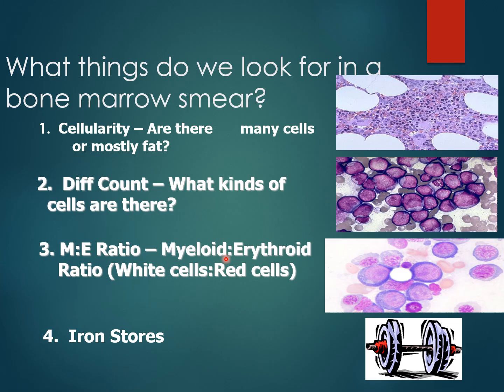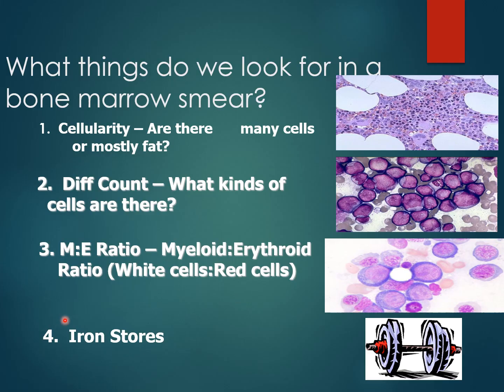Plus, white cells typically have a shorter lifespan than red cells because they're out there fighting infection and just protecting our body from a lot of things. So sometimes they're killed off in the line of duty, whereas the erythroids just go around delivering oxygen to everybody. So 3 to 1, or 2.5 to 1, right around that. So between 2.5 and 3 to 1, white cells to red cells.